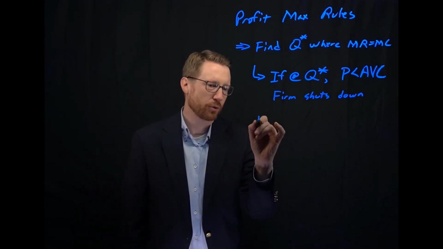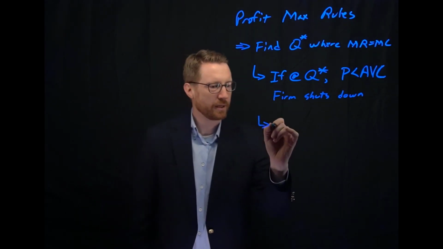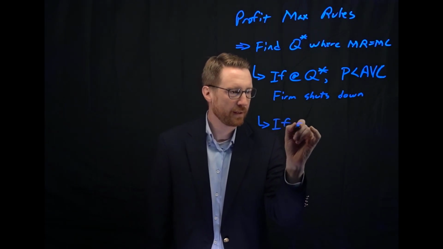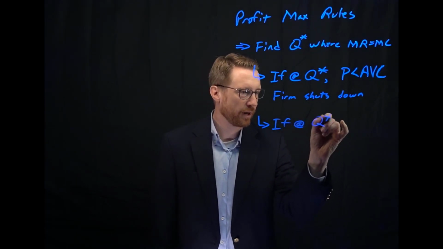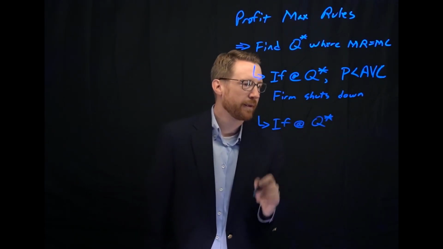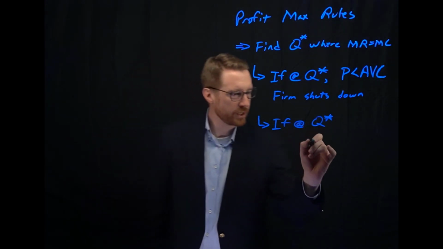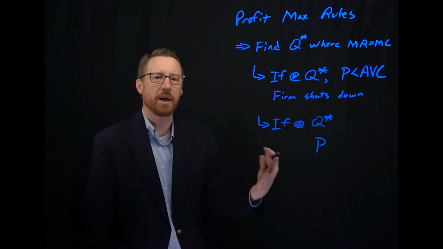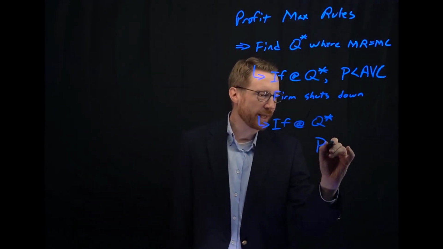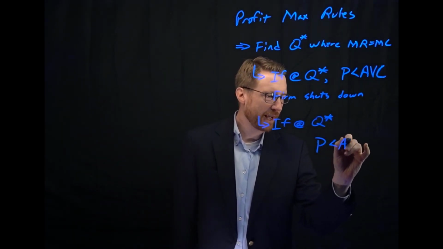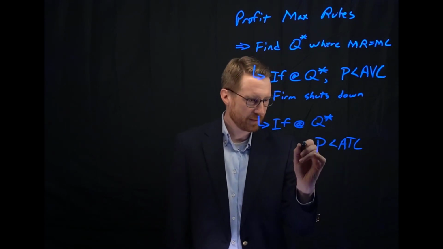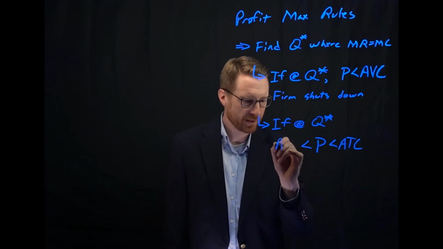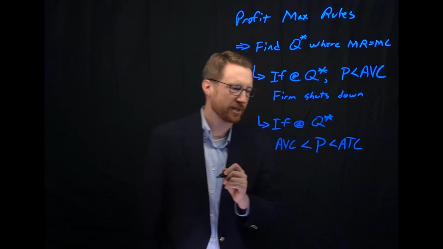All right, what about the middle case? If at Q star, now we've got a situation where our price is somewhere in this middle range. So price is less than average total cost, but is greater than average variable cost.